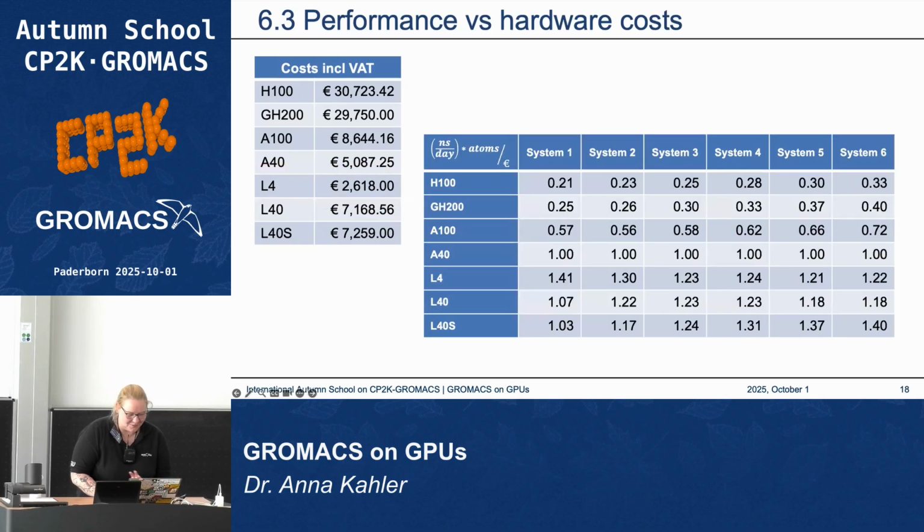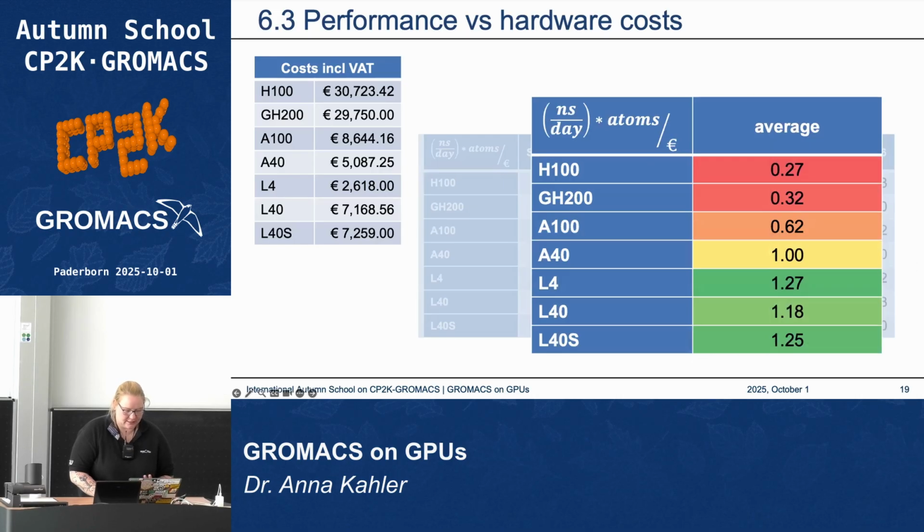So we took the performance numbers, multiplied them with the number of atoms, standardized it again, and divided it by the hardware cost. And these are the numbers. Averaged it again. And it's really not surprising that the Hopper systems now have a bad look compared to the Ada Lovelace architecture performance numbers.